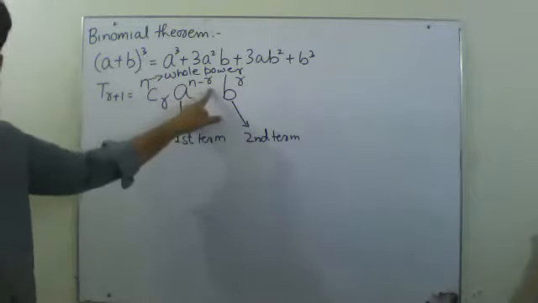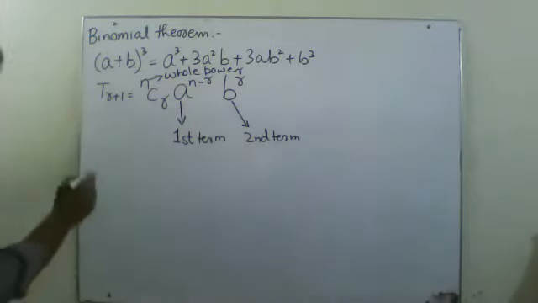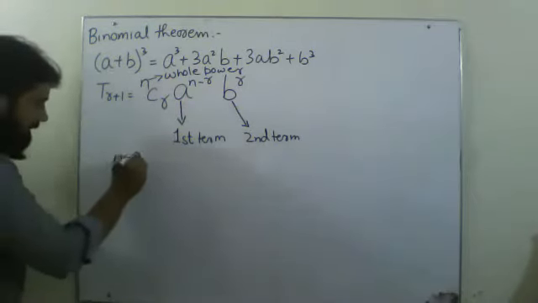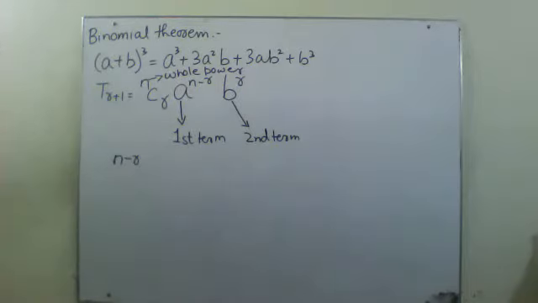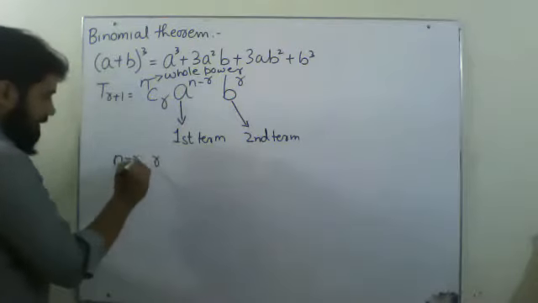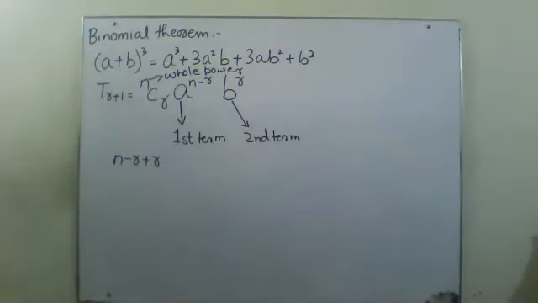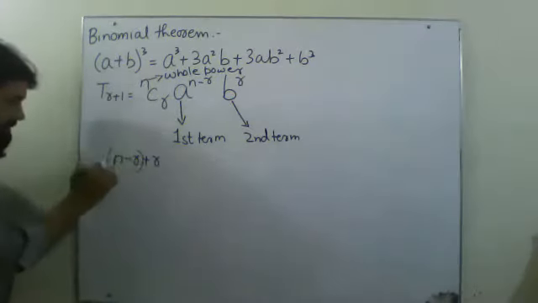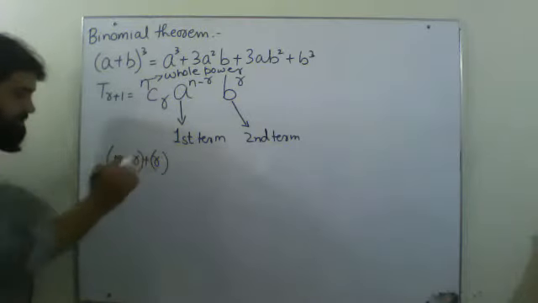The power of a is n minus r, and the power of b is r. If I add both of them, the power of the first term is n minus r and the power of the second term is r.